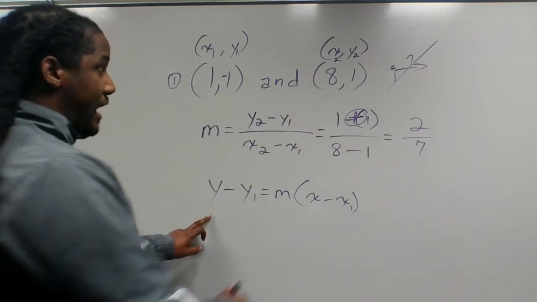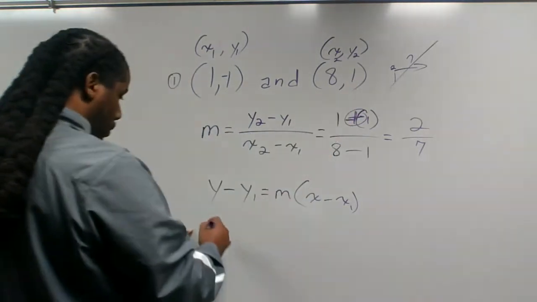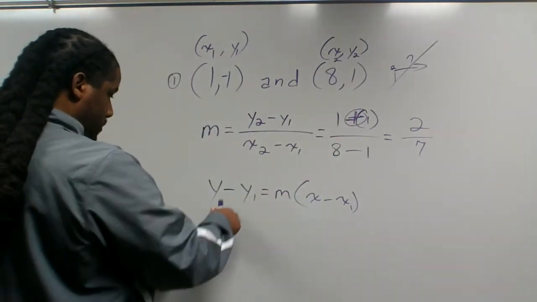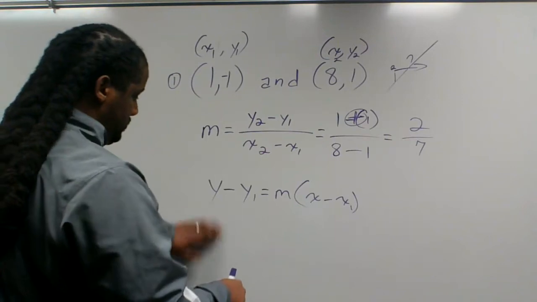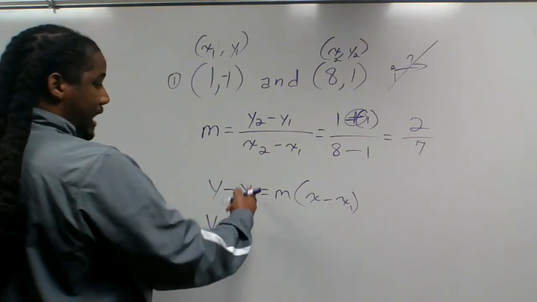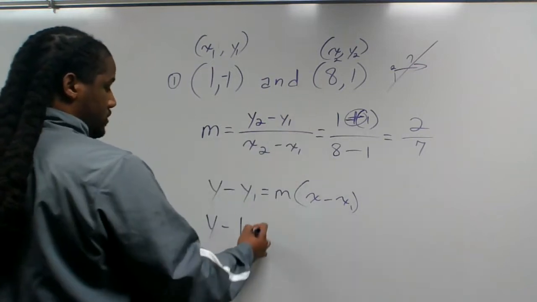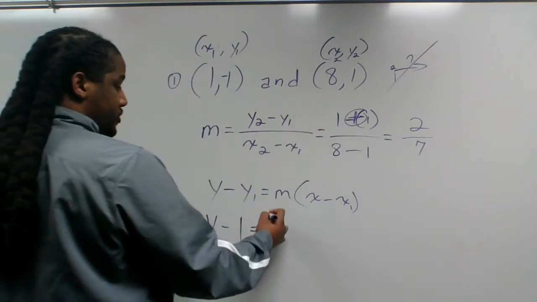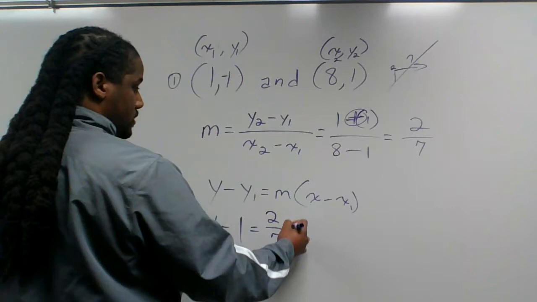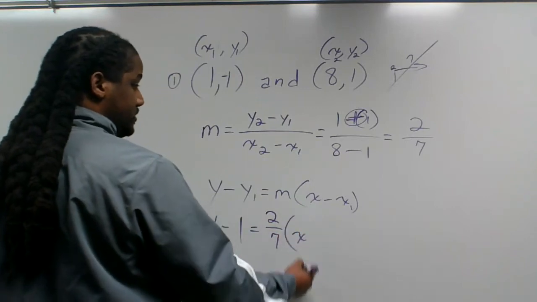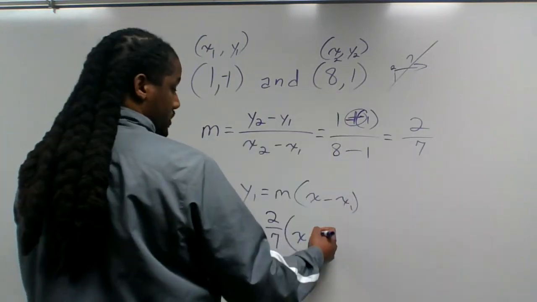Let's back up. We'll just make this a y. Our y1 is going to be this 1, our slope is 2 over 7, our x is just x, and our x1 is going to be 8.